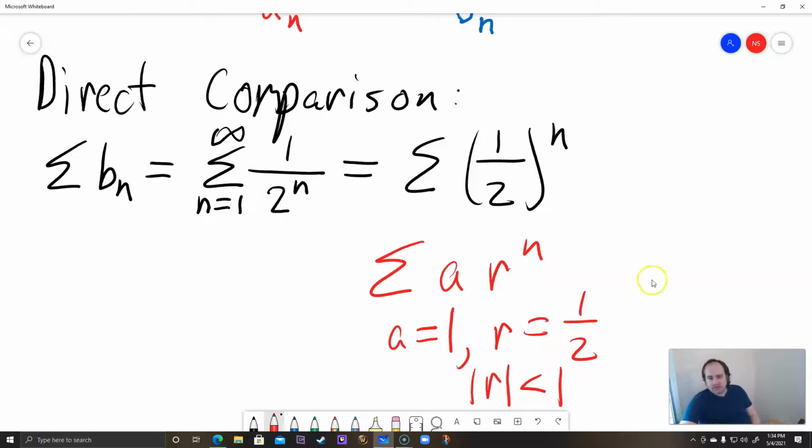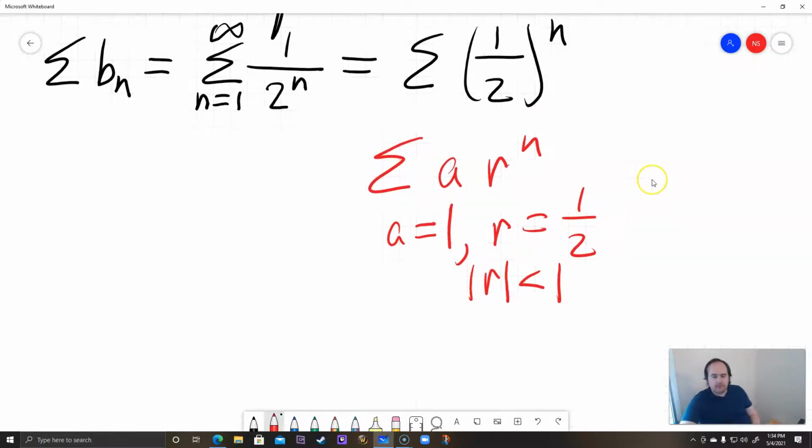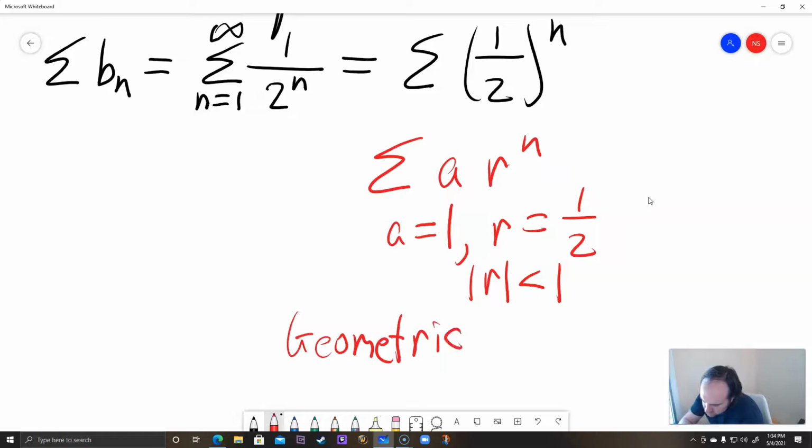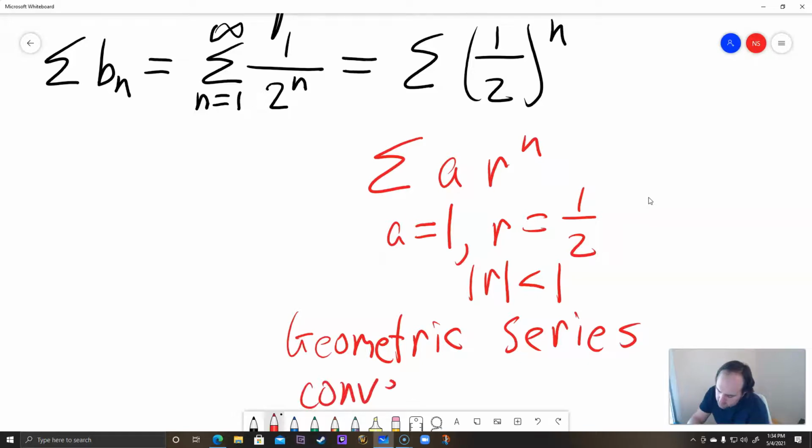Since the absolute value of r is less than 1, it converges. It's a geometric series, and this converges.